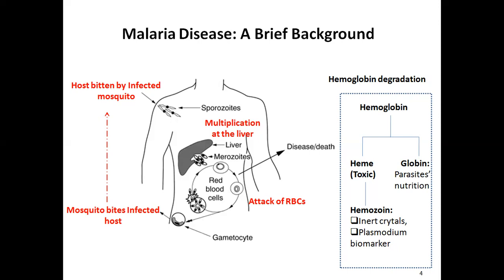And so they have an innate mechanism of converting heme to an inert molecule called hemozoin, which is deposited in their food vacuole. And hemozoin absorbs optical radiation, and it can be used as an optical biomarker for Plasmodium parasites in blood.